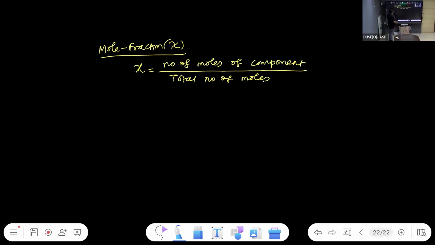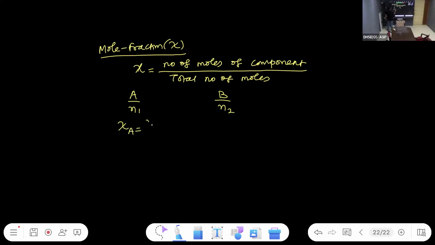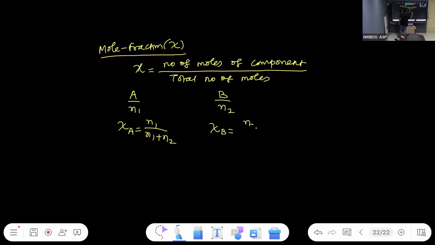If we are taking two components A and B, the number of moles of A is N1 and the number of moles of B is N2. So the mole fraction of A is the number of moles of A divided by the total number of moles, and the mole fraction of B is the number of moles of B divided by the total number of moles. If we add them, chi A plus chi B is 1.